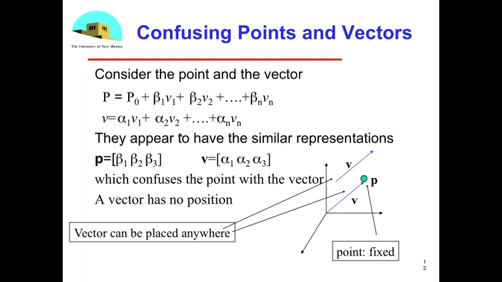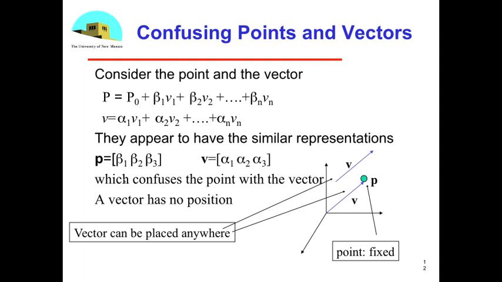I think they look the same because each one has these 3 scalars in here. So why don't you represent the point as just beta 1, beta 2, beta 3, and then represent the vector as alpha 1, alpha 2, and alpha 3? The problem is, if I just give you these 2 representations, you don't really know which one is the point and which one is the vector.